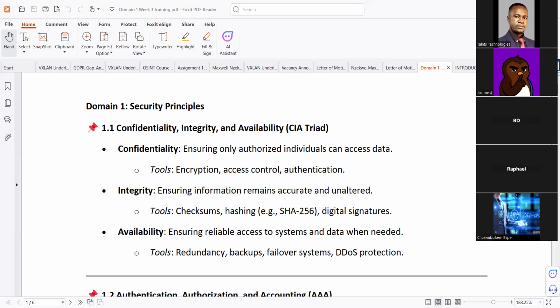And failover systems, DDoS, distributed denial of service, that's prevention from external attacks and all that. So I believe that's it. All right, thank you for that analogy. That explains it from a financial institution.